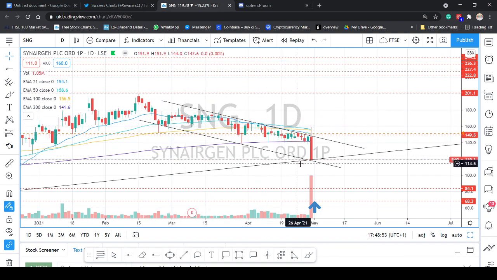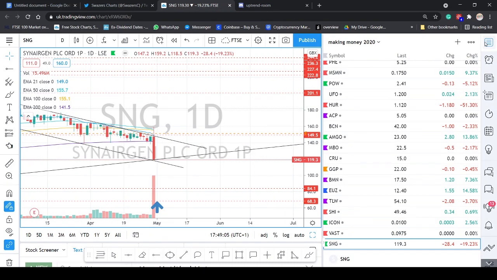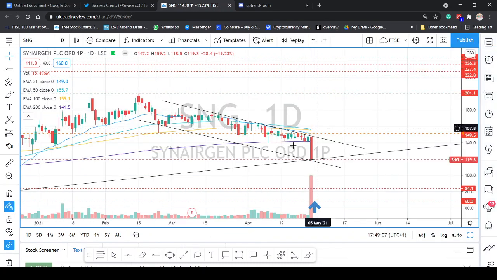So the sellers used this market structure on the 30th, the last day of trading last week, to sell it off 19.23% close to the down, which is pretty aggressive selling.